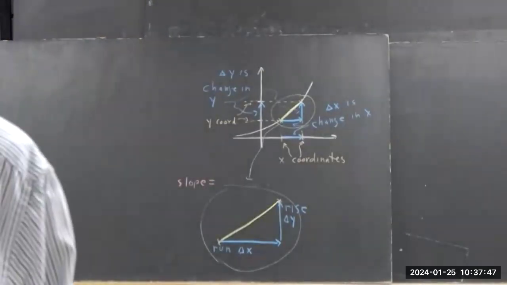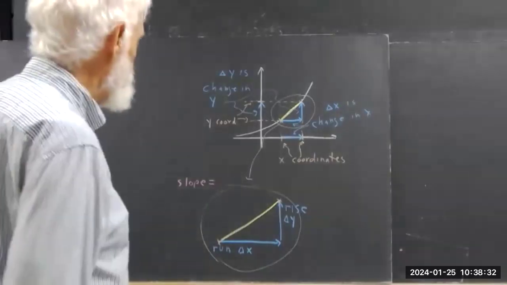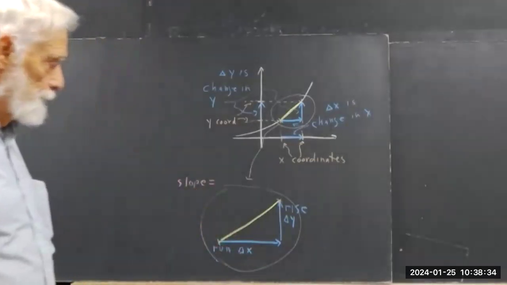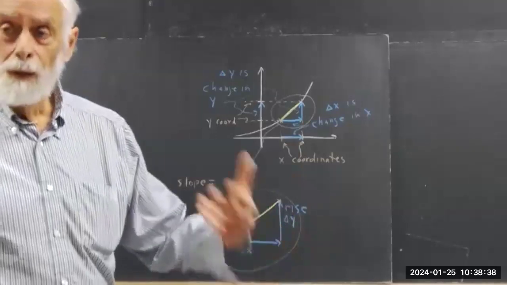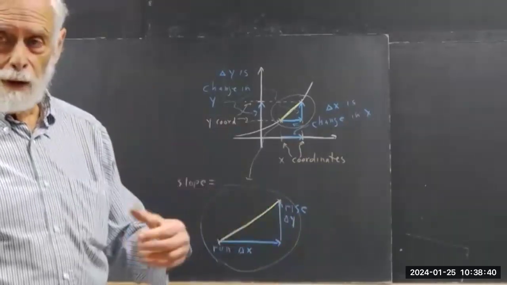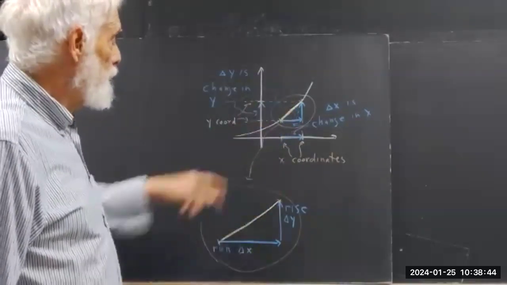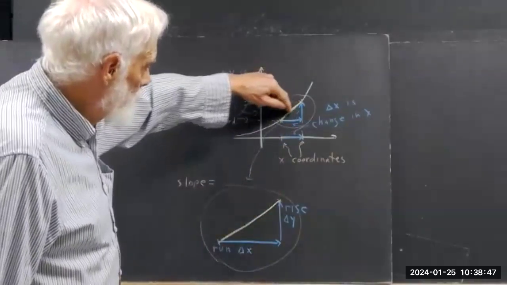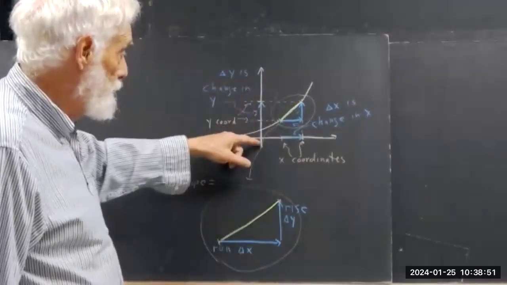Now, let me just ask, have you seen the word slope used in your prerequisite courses? Okay, the first answer I got when I asked the question is, well, y equals mx plus b. And that's totally relevant, because that's the equation of a straight line with slope m that intersects the y-axis at b. So if we find out where this thing intersects the y-axis, it looks like it intersects just a little below the origin.